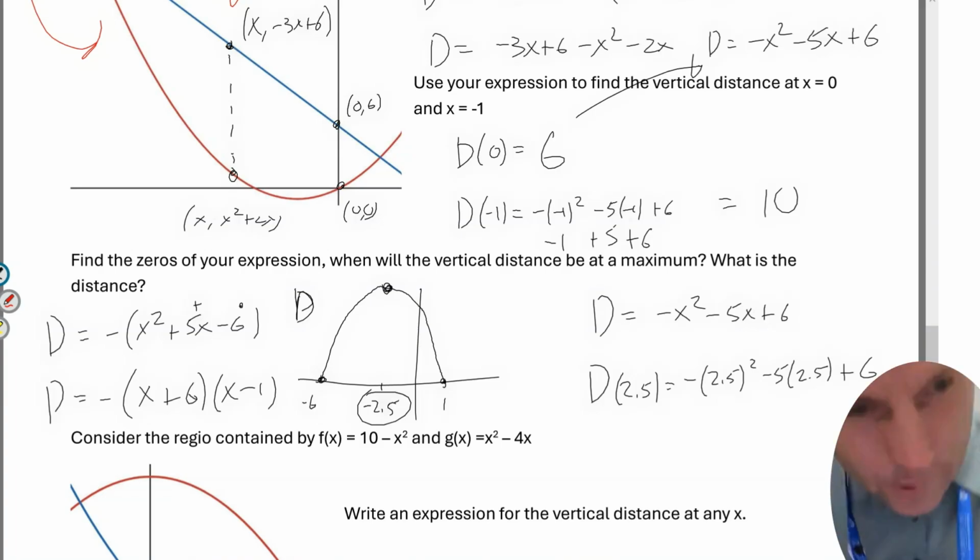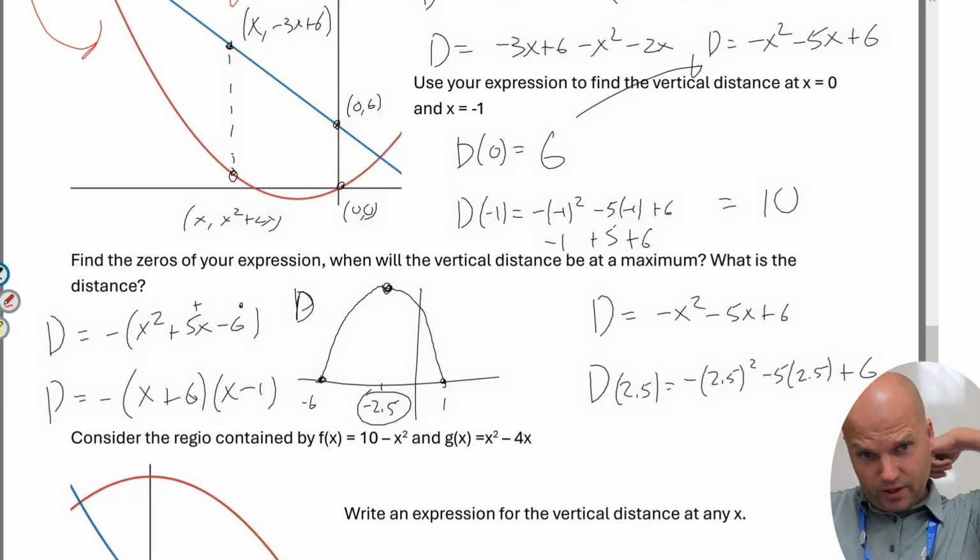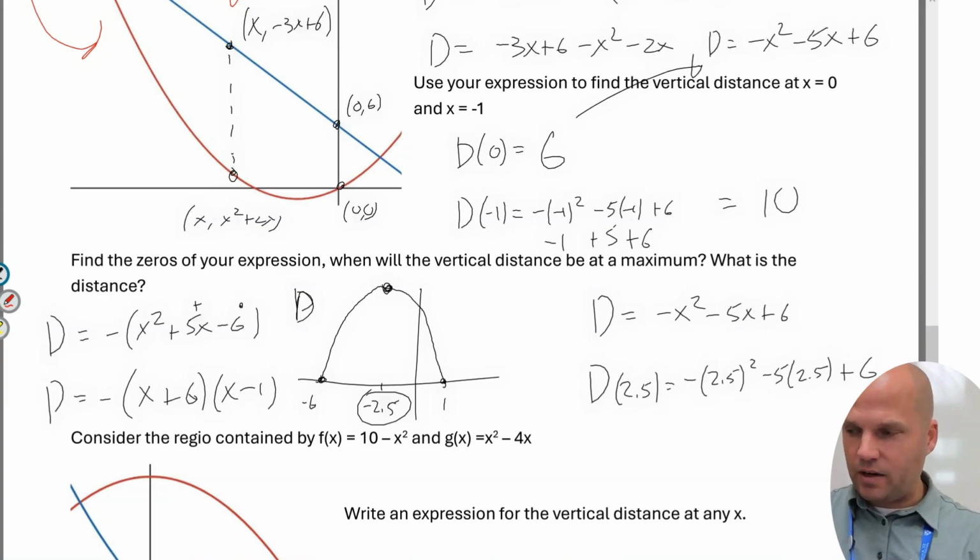All right. Negative 2.5 squared, negative 6.25, minus, parentheses, 5 times 2.5, close parentheses, equals plus 6. Why did I get a negative value here? Oh, because it's negative 2.5.